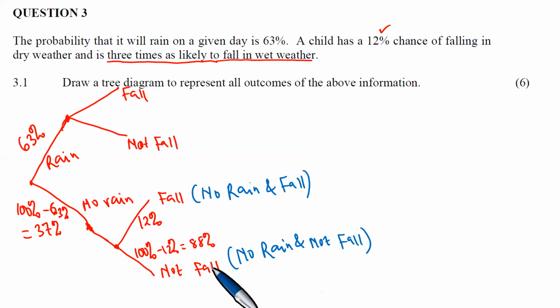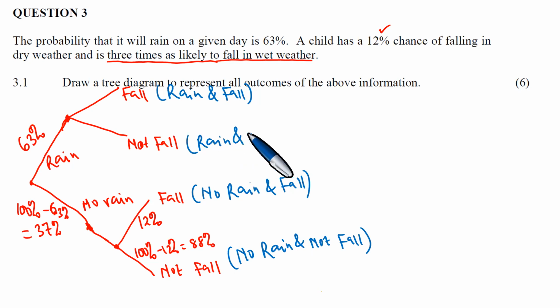No rain and does not fall. Here the outcome is there is rain and the child falls. So rain and fall. Here there is rain and the child does not fall.